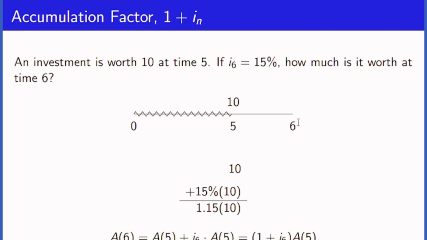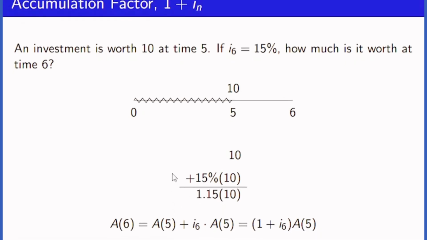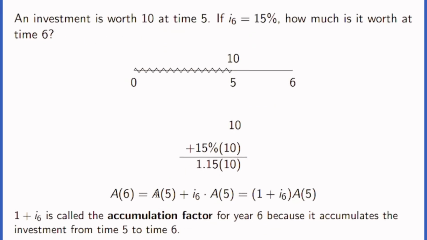For you to determine the amount of interest, there's another way. We first talked about one in our previous video, and here's another way of finding the amount of interest at a specific time.